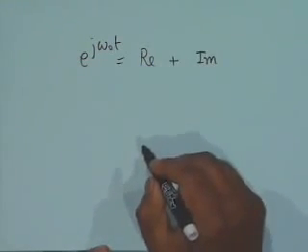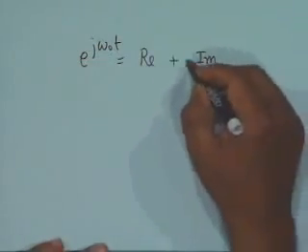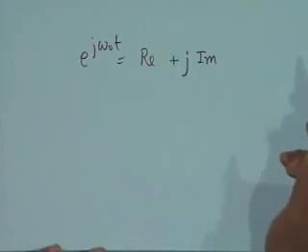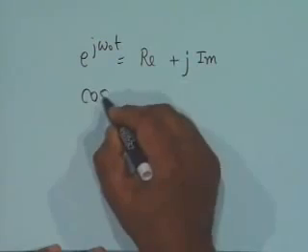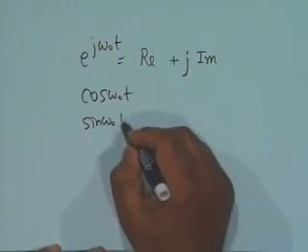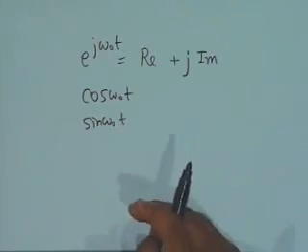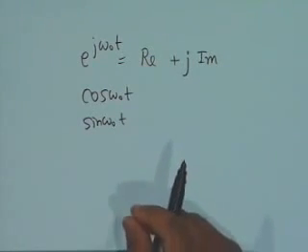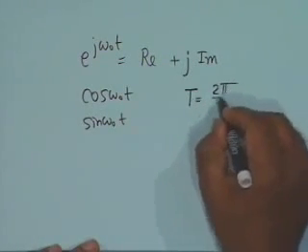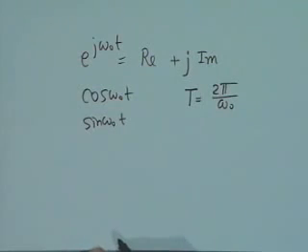That is correct. And therefore, cosine omega 0 t and sine omega 0 t both are periodic signals with a period capital T, which is equal to 2 pi over omega 0.